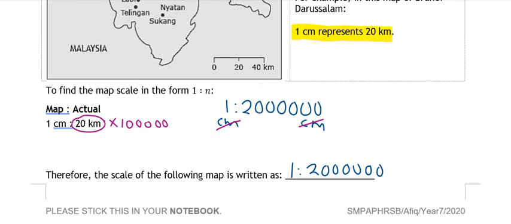So what does this mean? It means that whenever you have a measurement on the map, let's say 1 centimeter, the size in real life is 2 million times bigger. You can choose any unit that you want. So that's the explanation for the scale.